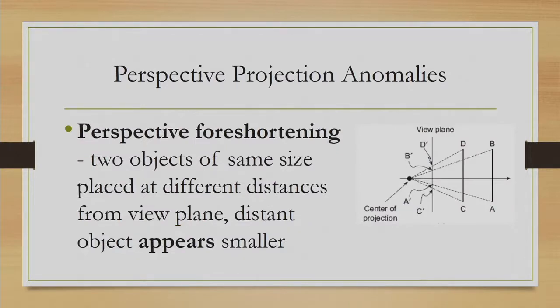One anomaly is perspective foreshortening. If two objects of the same size are placed at different distances from the view plane, then the distant object appears smaller.